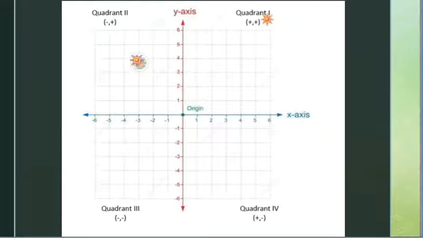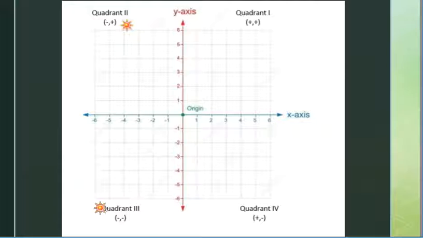Any of the points that are in quadrant 2 are going to have a negative x coordinate, because to get to quadrant 2, we're talking about moving to the left, and then they will have a positive y coordinate, because from the origin, if we move to the left and up, that puts us in quadrant 2. Okay, so all of the points in quadrant 2 are going to have an ordered pair that has a negative x coordinate and a positive y coordinate.